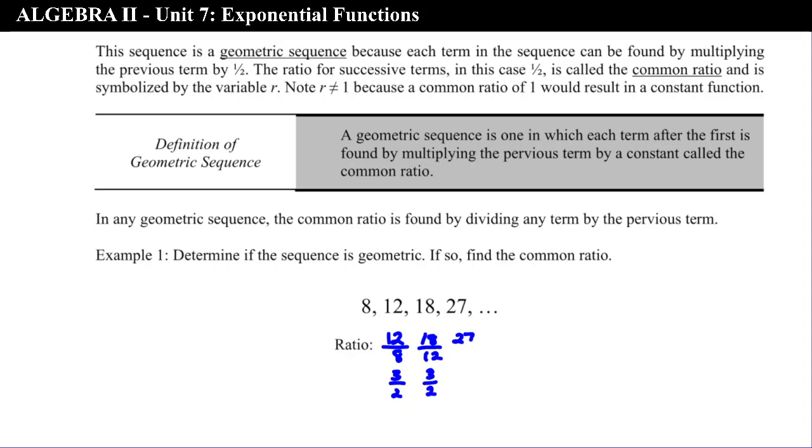If you have 27, divide it by the previous term, 18, and reduce that, you have 3/2 again. So it does appear that this sequence is geometric, and that the ratio is 3/2. So the common ratio r is 3/2.